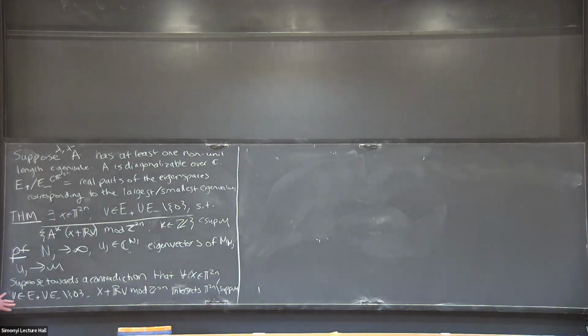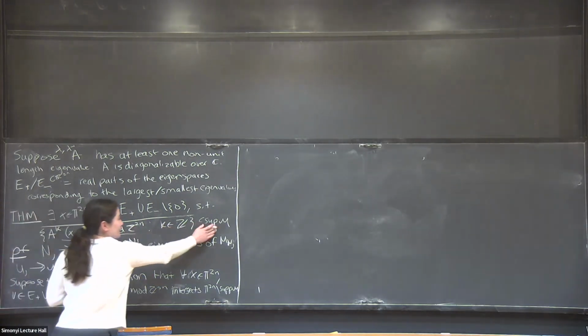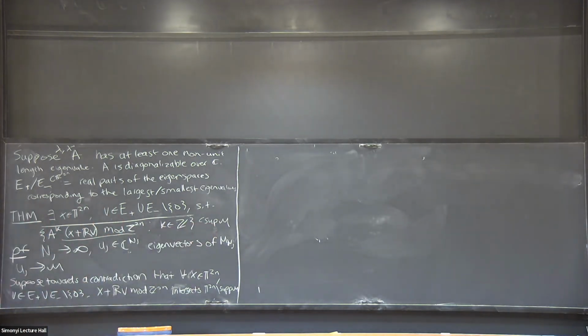So I make this assumption towards a contradiction. Once a contradiction is proven, then clearly there exists some x and some v such that this set is contained in the support of the semiclassical measure.